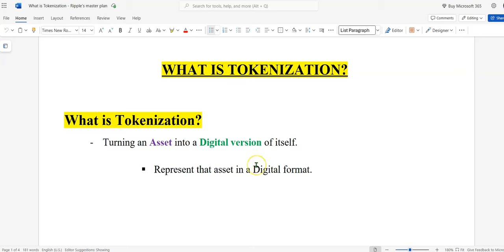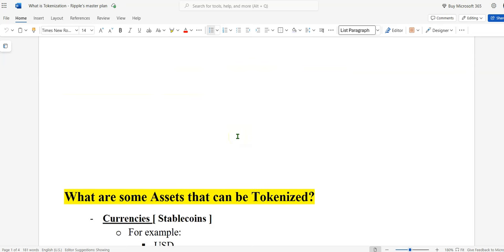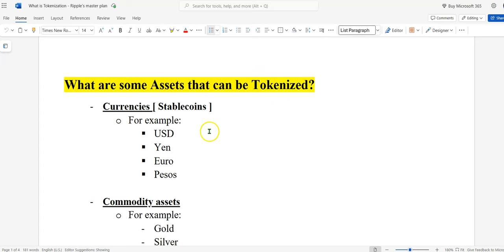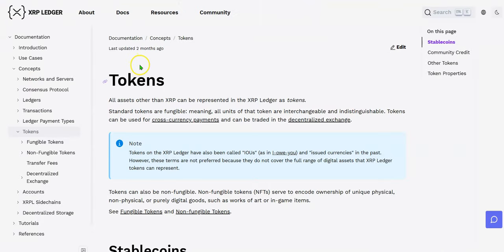And what are some examples of assets that could be transformed into a digital version of itself? Well, I could give you a couple here. If you go to the XRP Ledger website, it gives you the same explanation.